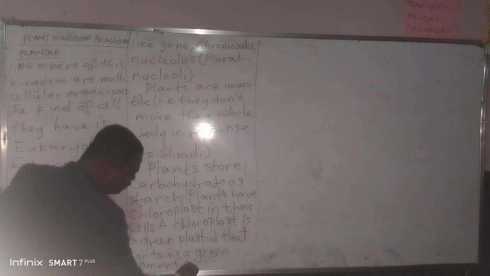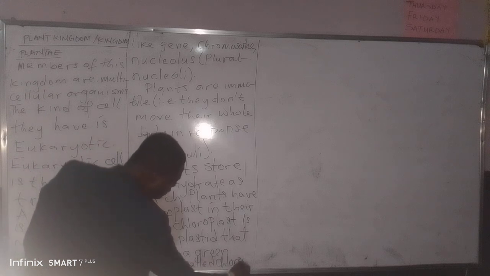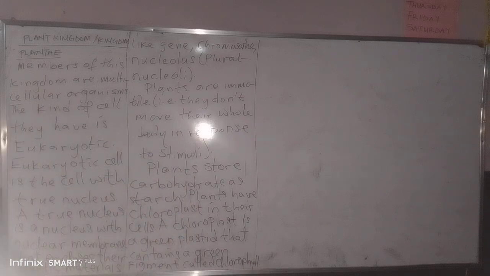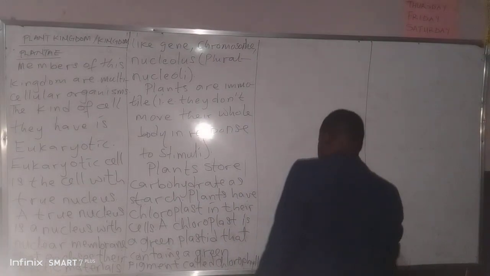A green pigment called what? Chlorophyll. So they have chloroplasts. And chloroplast is called a green plastid because the green plastid has what? It has a green pigment called chlorophyll.